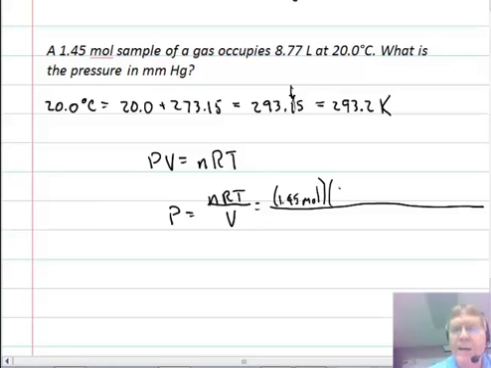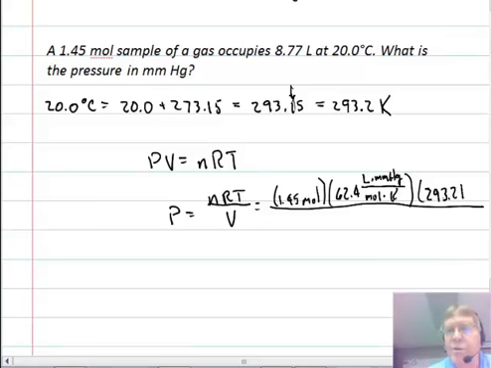R is 62.4, and this is liter millimeters of mercury per mole Kelvin, times our temperature, which is 293.2 kelvins, and we're going to divide that by the volume, which was 8.77 liters.